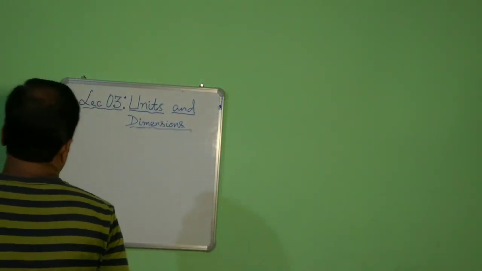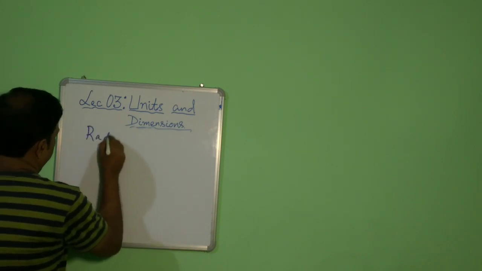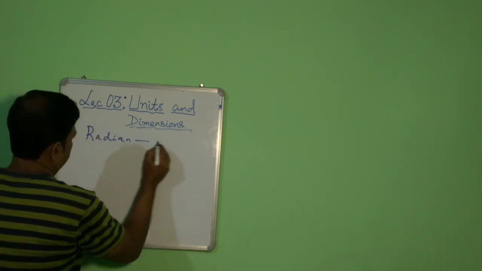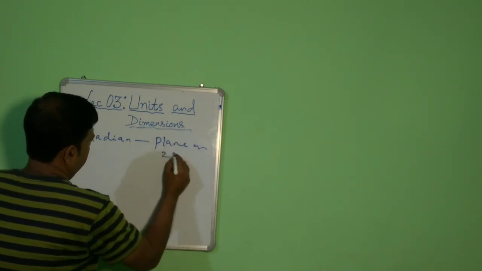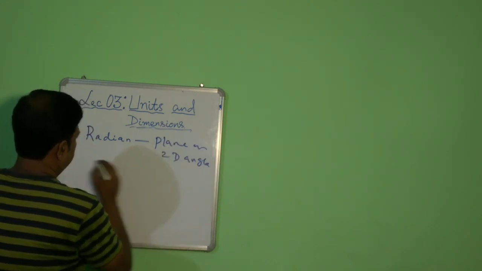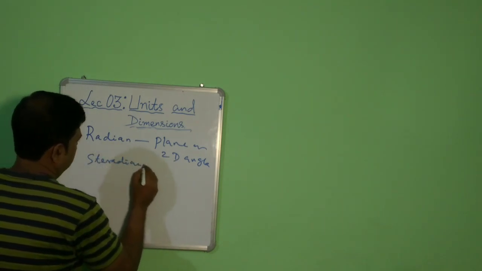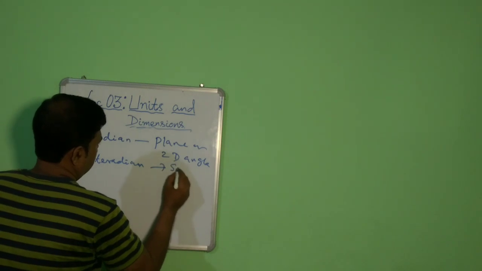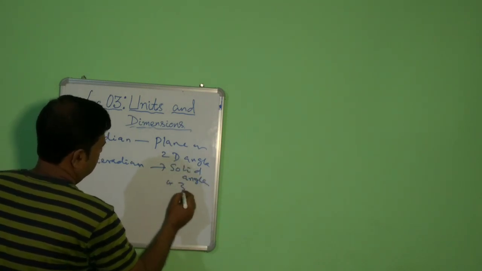We'll first discuss the 2 supplementary units: radian, which is used for measuring plane or 2D angle, and steradian, which is used for solid angle or 3D angle.